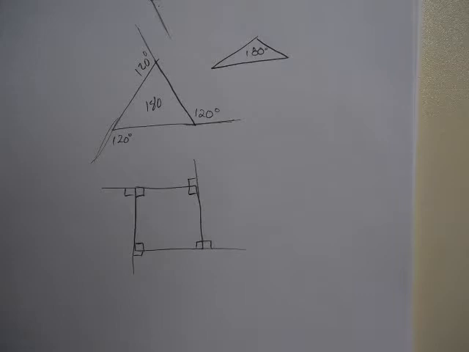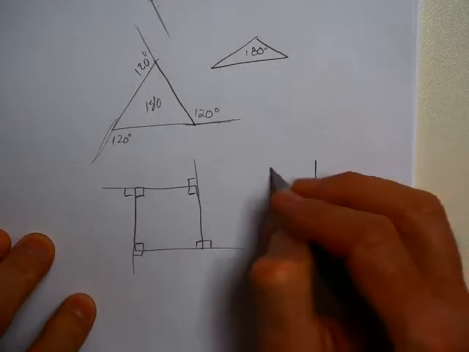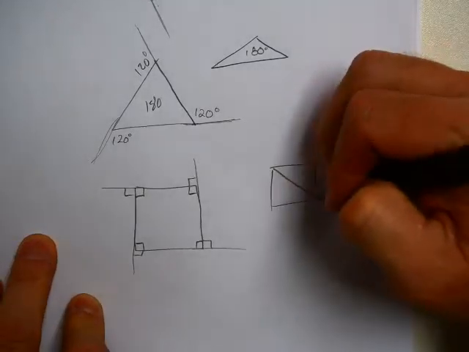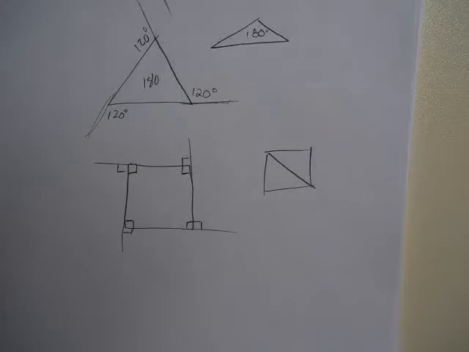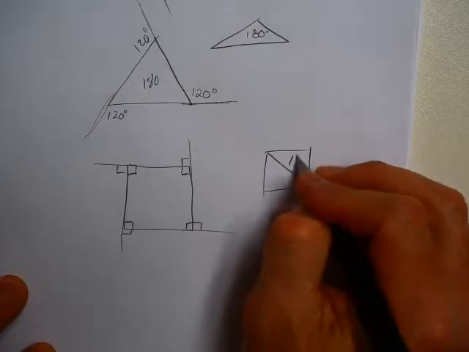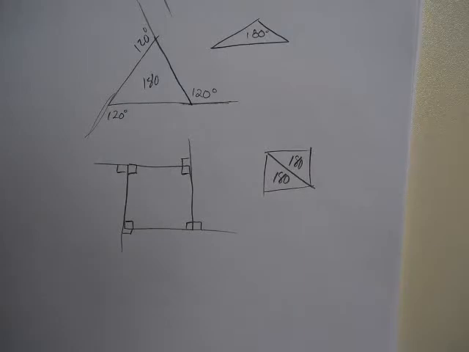What if I take a square and I cut it in half? What do I make when I cut a square in half? 2 triangles, exactly. And how many degrees are in a triangle? If there's 180 in each triangle, then how many is in the square? 360.